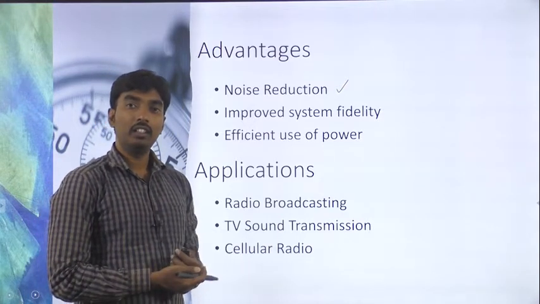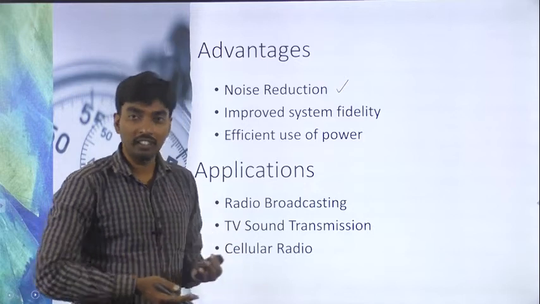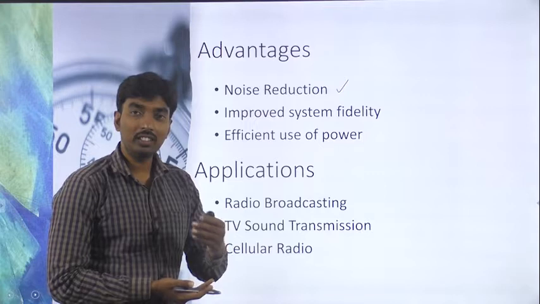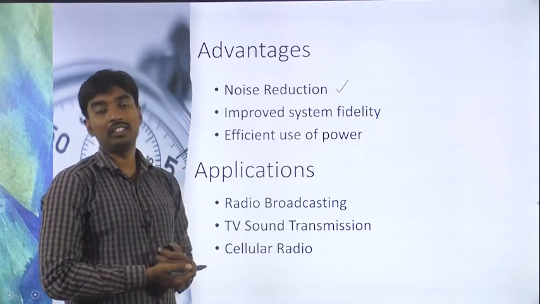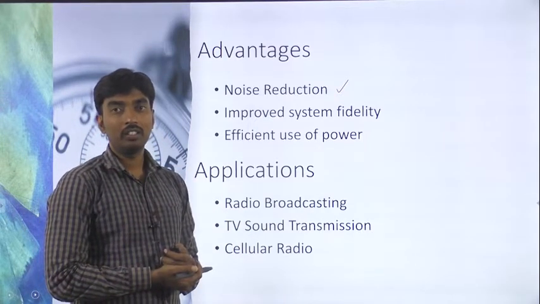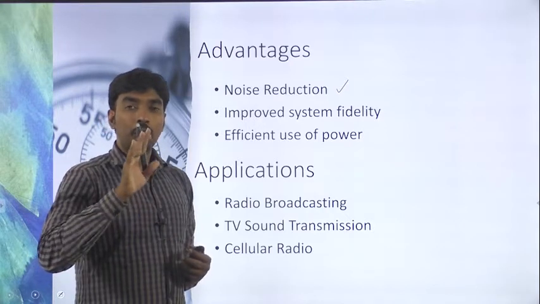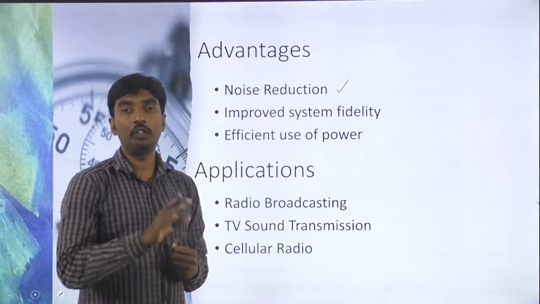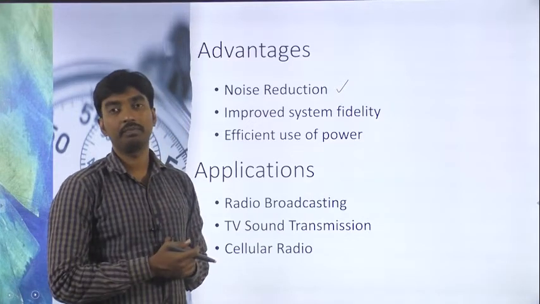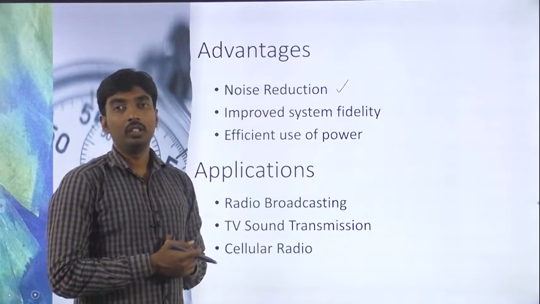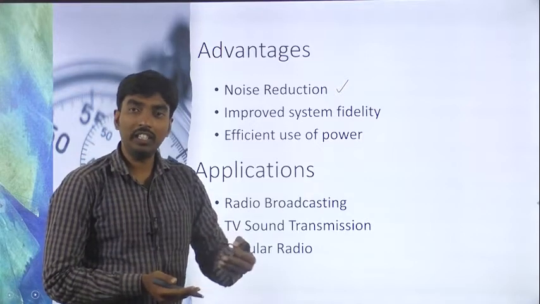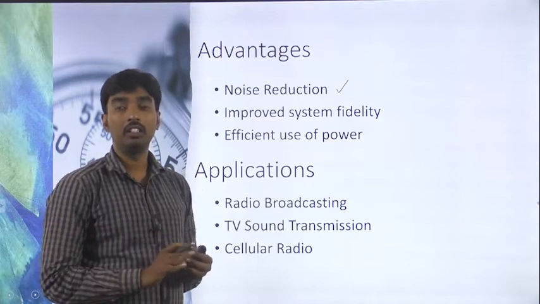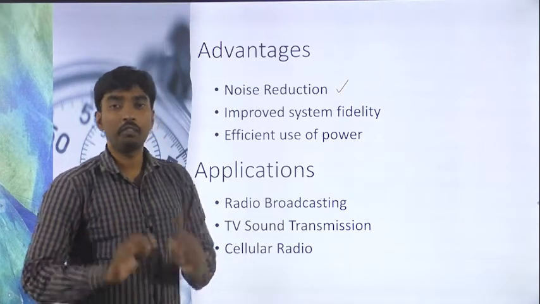Whenever the noise affects the modulated signal, only the amplitude will be affected. Amplitude of the modulated signal will be affected. The effect of noise is very high in the amplitude modulation. Why? Because the amplitude is carrying the information.